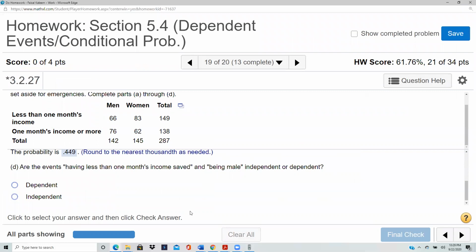Are the events having less than 1 month's income saved and being male independent or dependent?